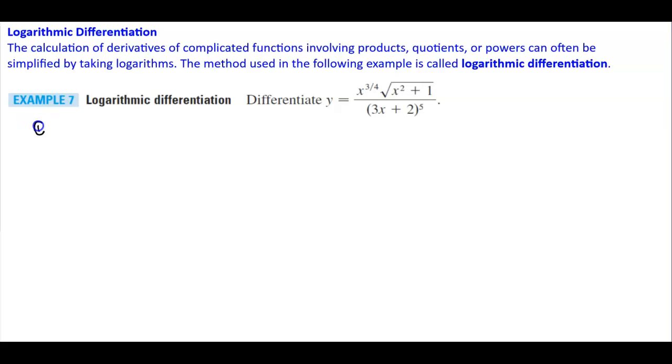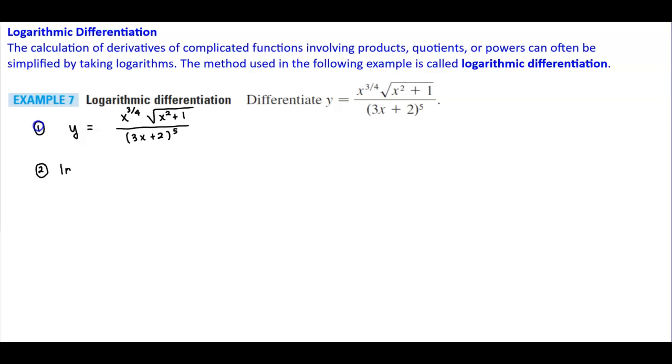So first, let's write this out. We have y, which is equal to x to the 3/4 times the square root of x squared plus 1 over 3x plus 2 to the 5th power. So what we're going to do is take the natural log of both sides before we even differentiate.